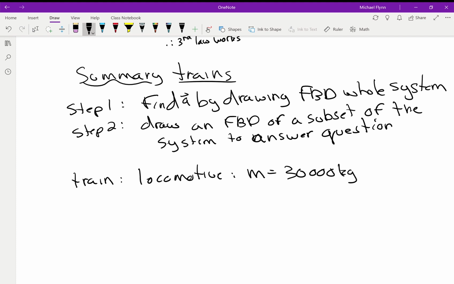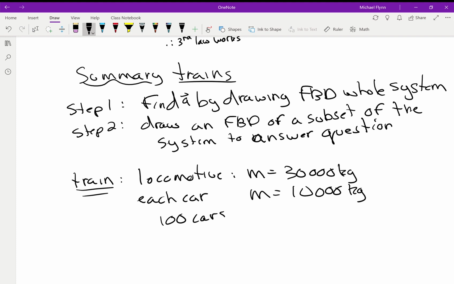Trains are big. And let's say each car has a mass of 10 tons of coal, and there are 100 cars in total.